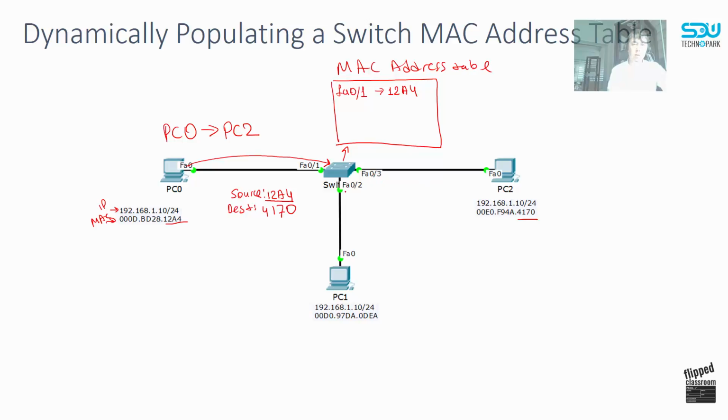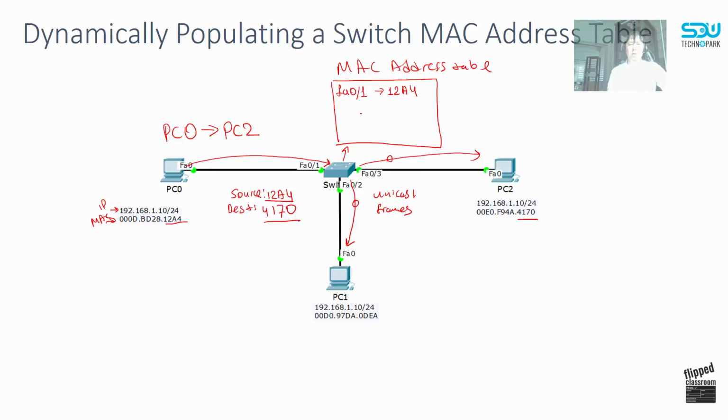Maybe it is on FA02. So the switch has to do flooding. The switch works as a hub the first time, and these are unicast frames with source and destination MAC addresses as you see in the projection.